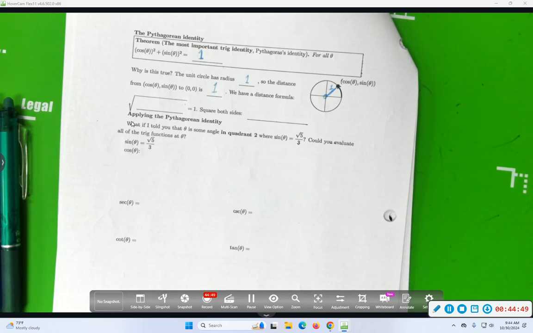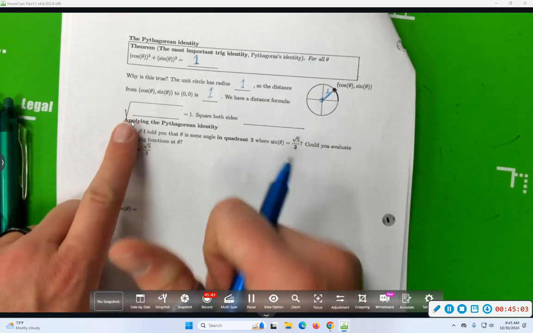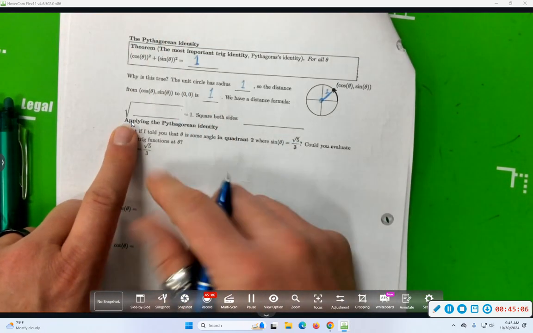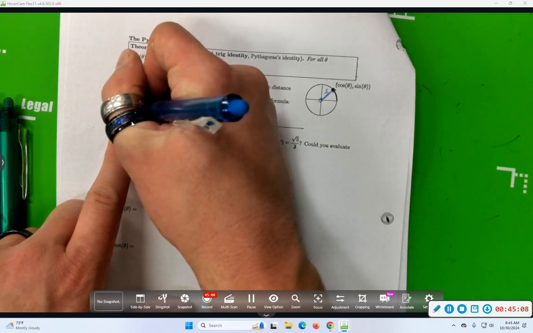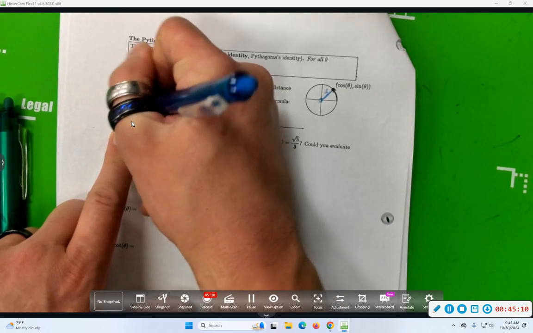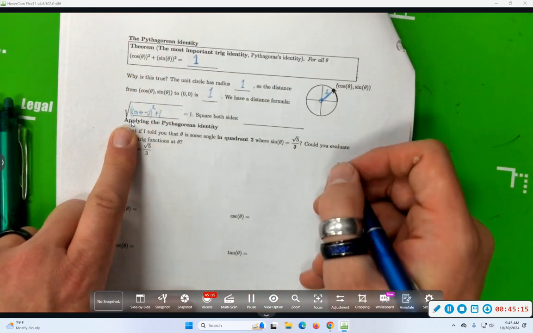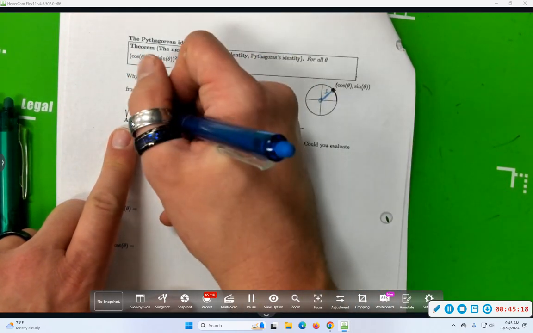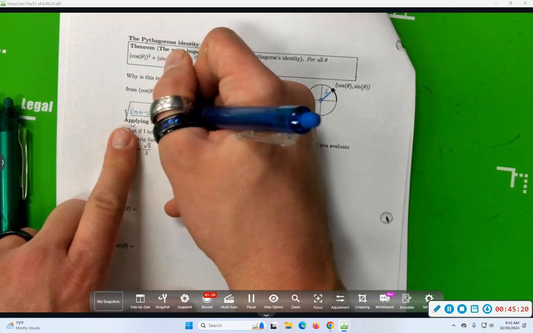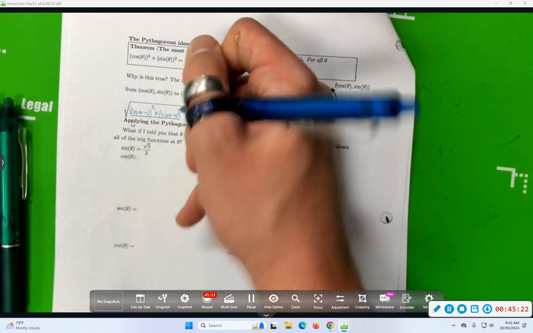The distance formula: square root of x plus y. Perfect. Yeah, so it's the difference between the x values, then you square it, and the difference between the y values, and you square it, and then you take the square root. So the distance formula says that 1, the distance, will be equal to the square root of cosine of theta minus 0, the difference between the x values, squared, plus the difference between the y values, sine theta minus 0, squared.